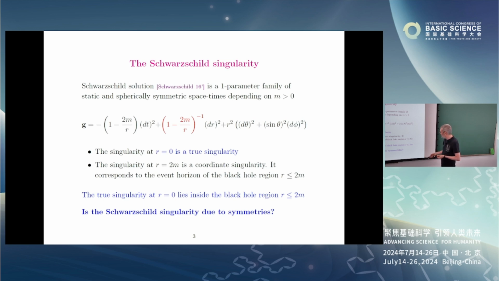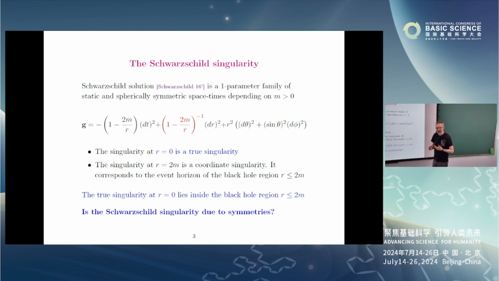Okay, so then, of course, people wondered whether this Schwarzschild singularity should be seen as a problem from the point of view of Einstein's theory of gravity. Does it mean that the laws of general relativity break down? The first answer was to dismiss the fact that it has a singularity, as people thought that this was due to symmetries.